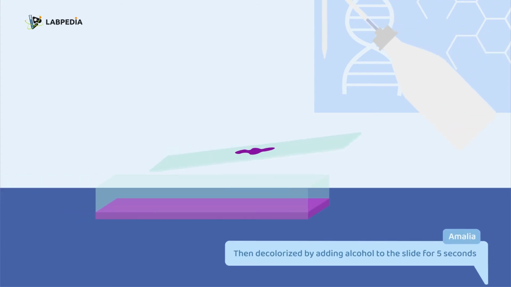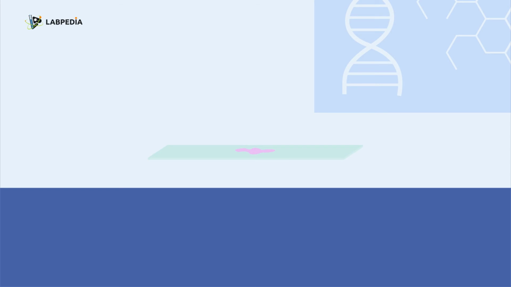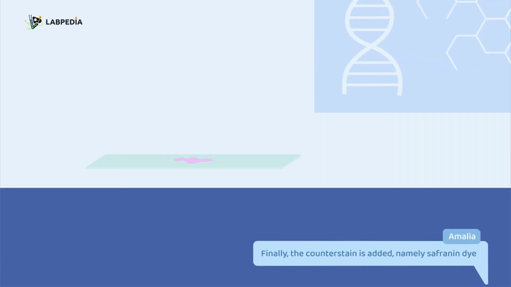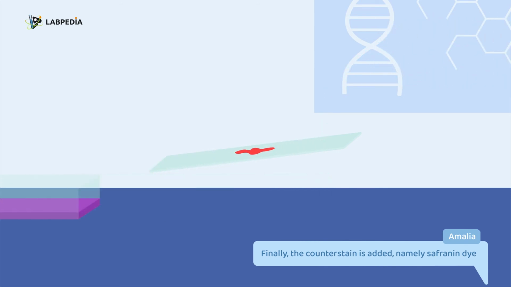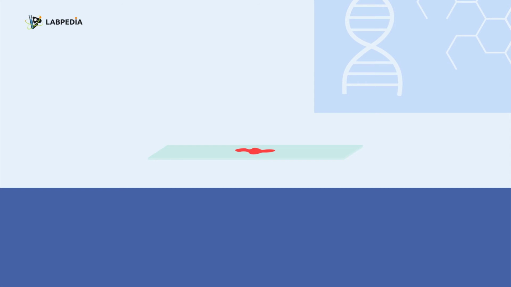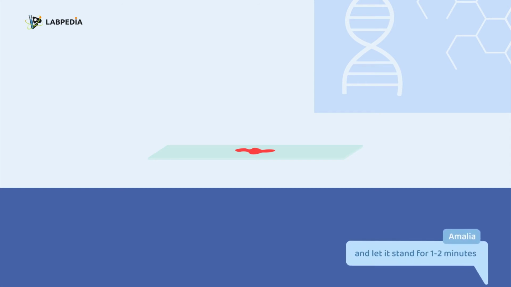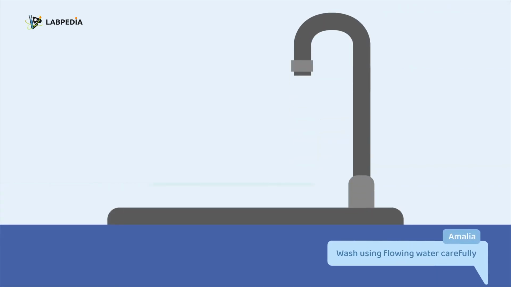Then, decolorize by adding alcohol to the preparation for 5 seconds. Finally, the counterstain is added, namely safranin dye, and let it stand for 1 to 2 minutes. Wash it carefully using flowing water.